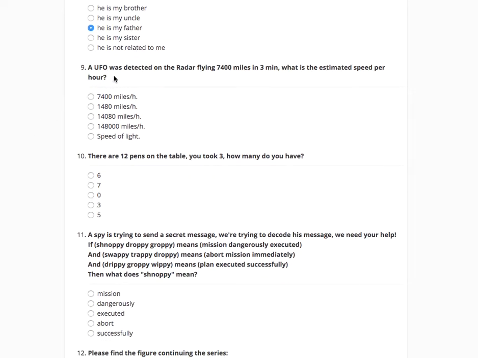A UFO was detected on the radar flying 7,400 miles in 3 minutes. What is the estimated speed per hour? So in 3 minutes, we have to divide 7,400 by 3, and then that result must be converted to hours, right?